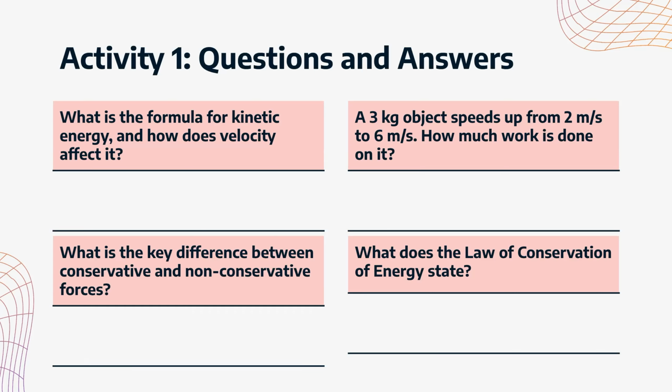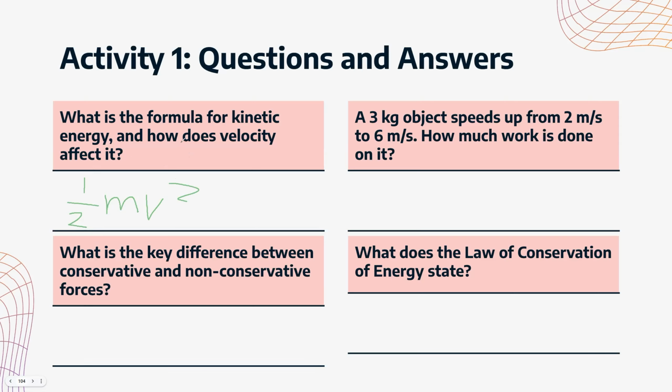Okay, should we start going over these answers? Yeah. So what is the formula for kinetic energy and how does velocity affect it? Kinetic energy is equal to 1/2 mv squared, where m is mass and v is velocity.